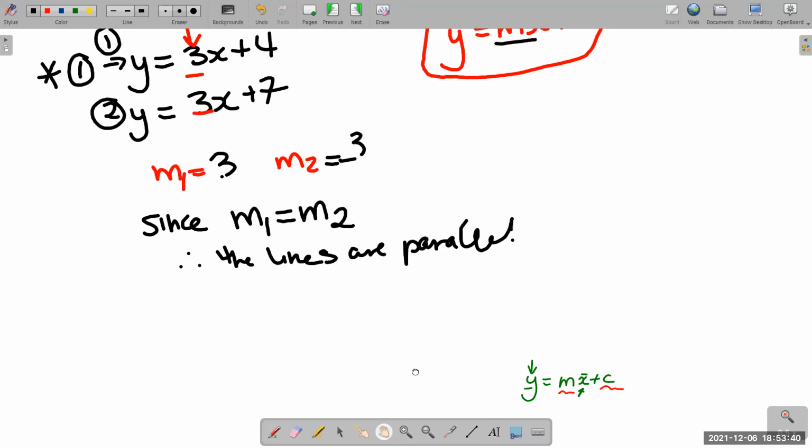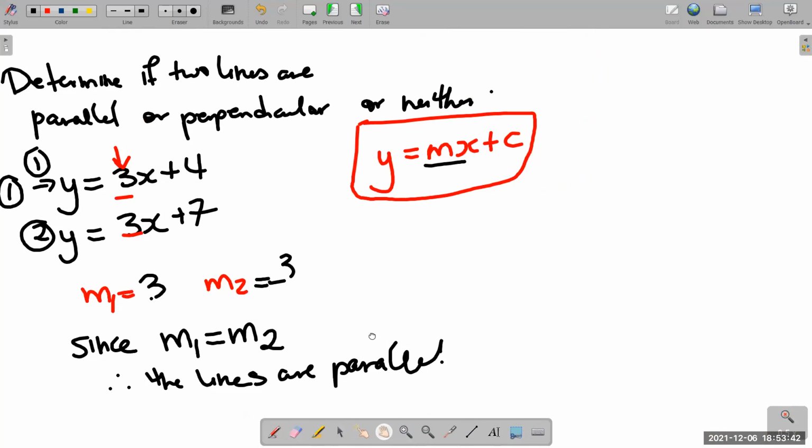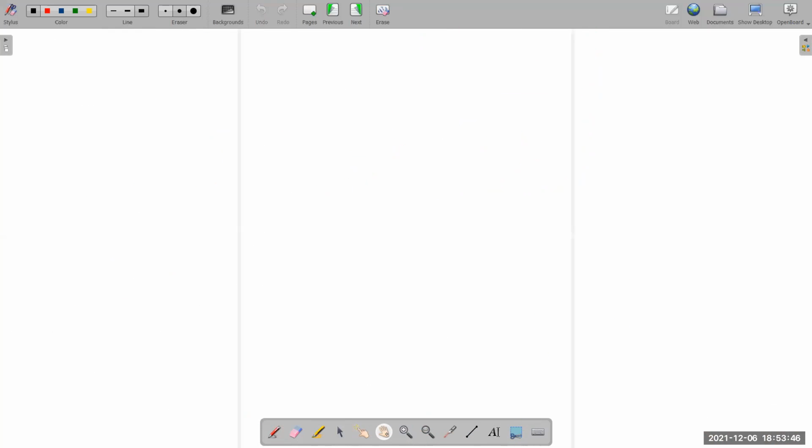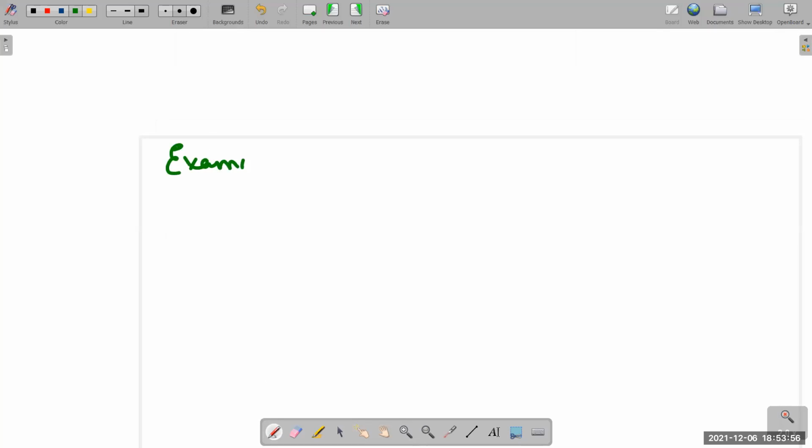All right, let's look at example 2. Let me get a brand new page. So let's go, example 2. Let me use green and write the equation in green. Write while I write. I'm going to give you the 2 equations.